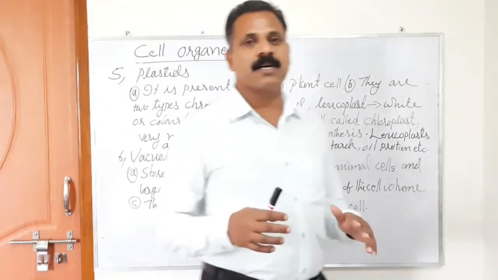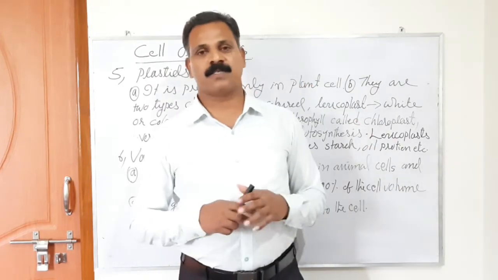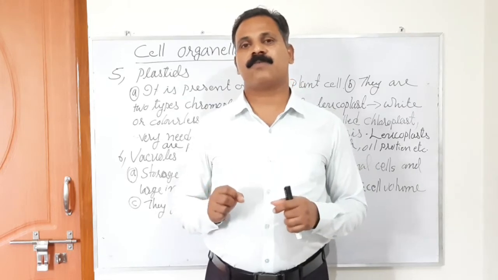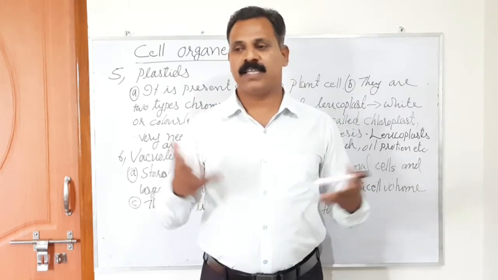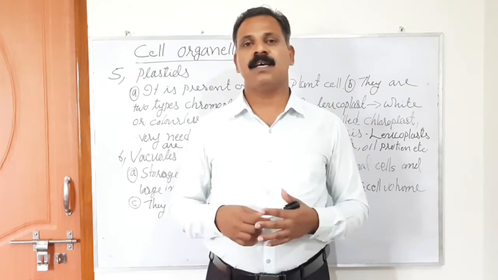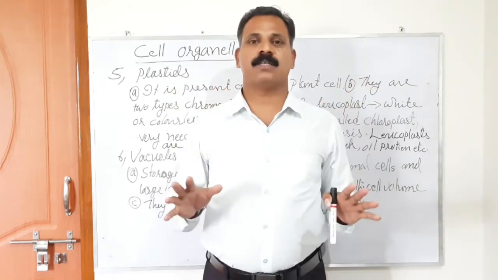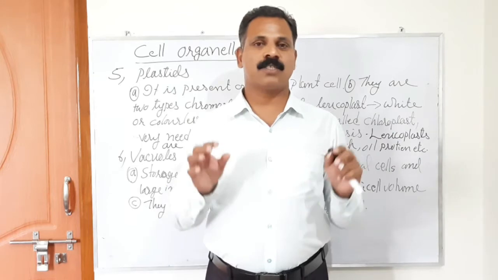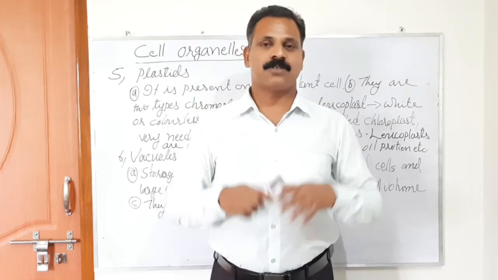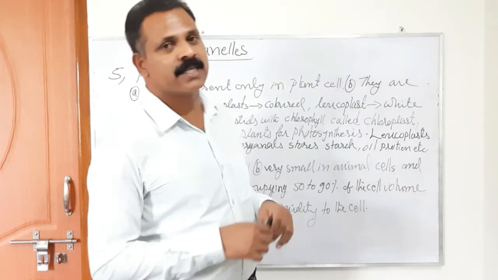So these are all the main cell organelles present in a cell. And these small units conduct various activities, dividing or sharing the labor of the cell, and all these activities performed together in a cell are called cellular activity. The cellular activity is present only in a live cell.